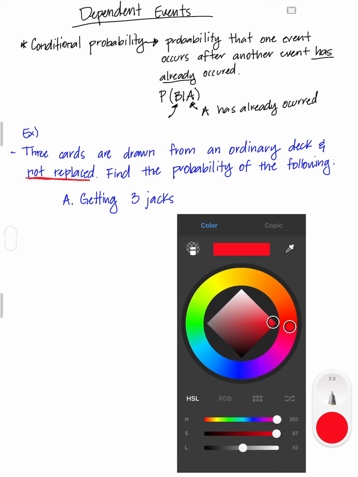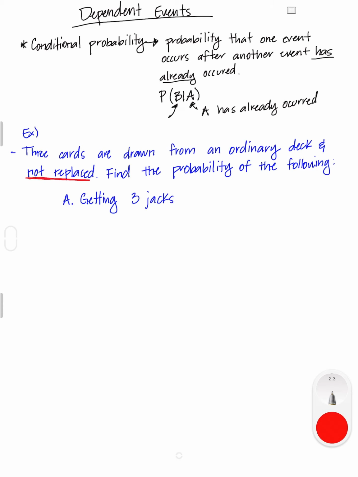So how do we calculate dependent events? Well, the formula says that if you have two or more dependent events, then what we do is we're going to multiply the probability of the first event times the probability of the second event when the first one already occurred.